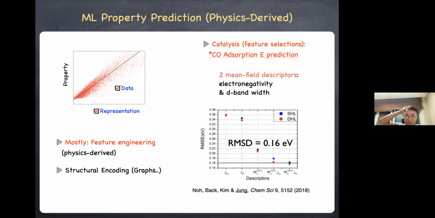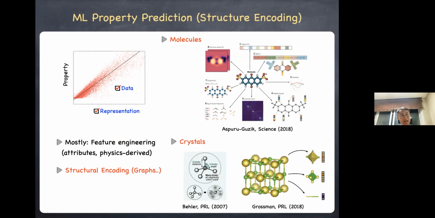But these kinds of feature-derived descriptors are promising, but they could be cumbersome because if you want to predict a different property, then you need to come up with a different set of descriptors. Also, these features are heavily dependent on expert knowledge that could differ from person to person. So it would be good to have descriptors that could be generally applicable regardless of different properties.